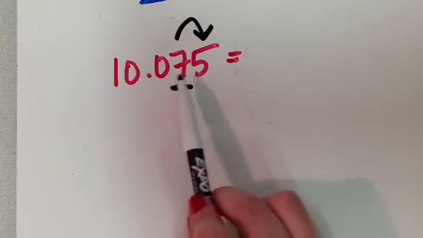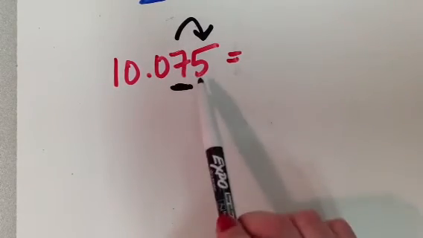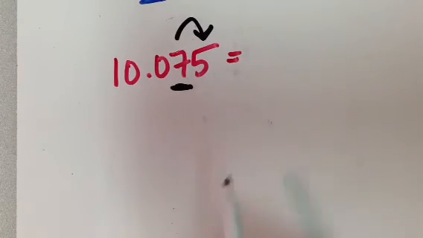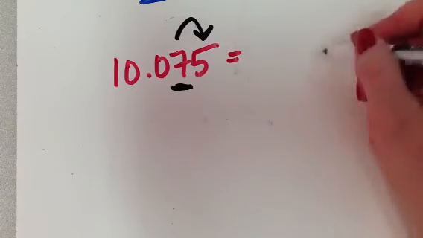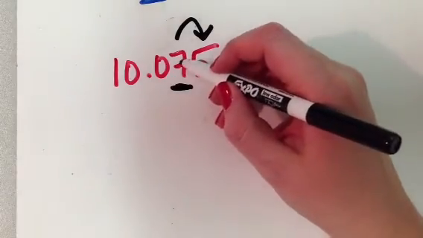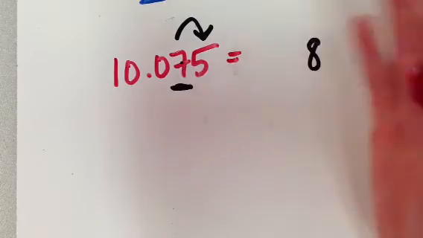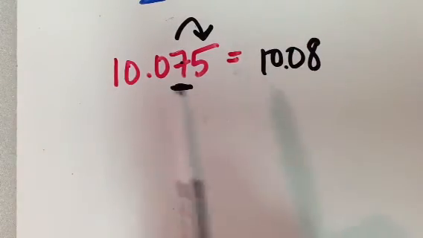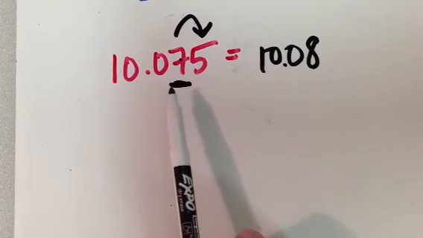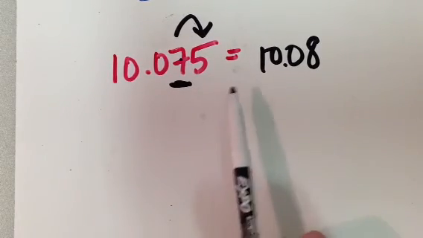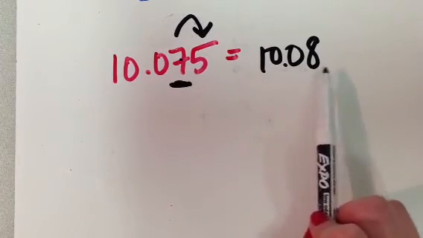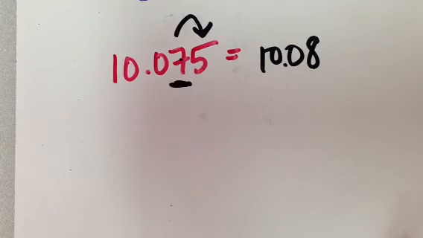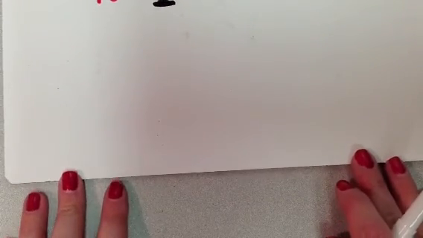This is 2 spots behind my decimal. He's impacted by this guy. Is that 5 or more? And in this case, it is. So this guy right here becomes an 8, and everything to the left of it stays exactly the same. So 10 and 75 thousandths, rounded to the nearest hundredth, is 10 and 8 hundredths.